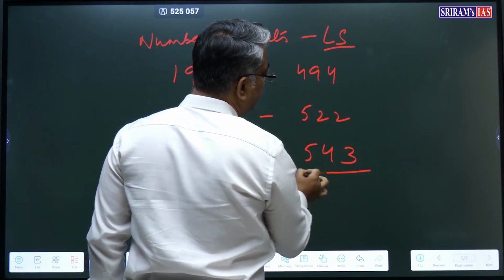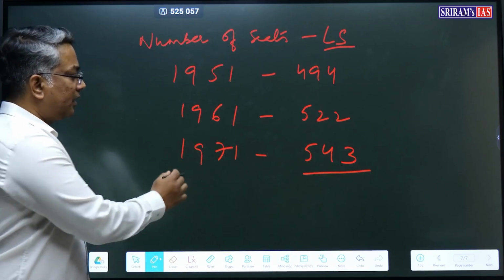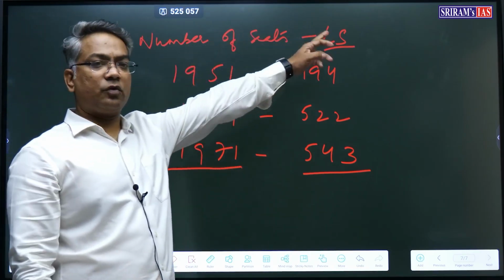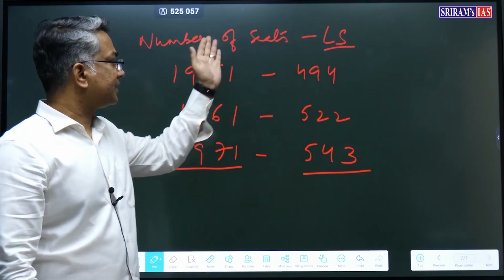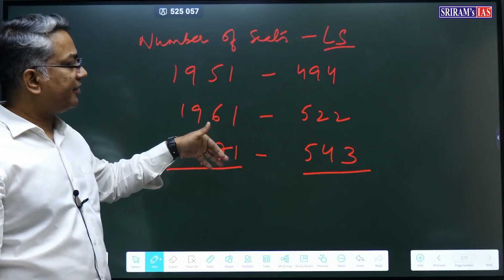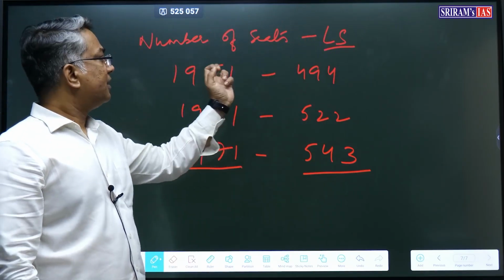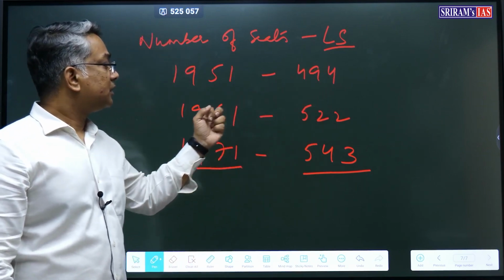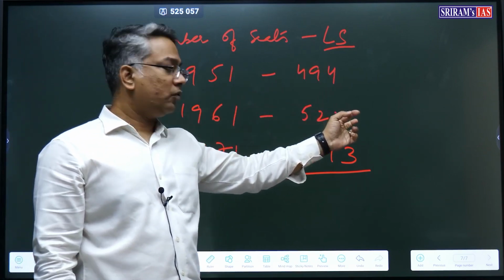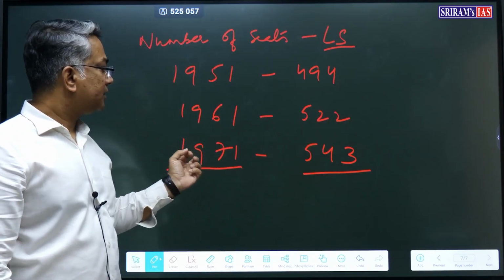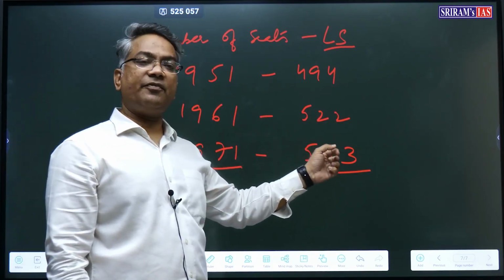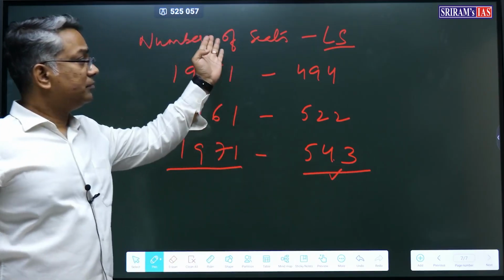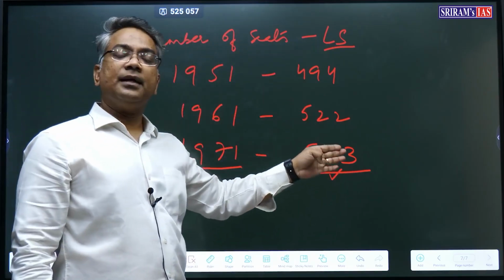At present, it is 543 based on the 1971 census. Okay, the number of seats in Lok Sabha based on the 1951, 61, 71 censuses is fixed at 494 for 1951, 522 for 1961, and 543 for the 1971 census. So the present Lok Sabha has 543 seats.